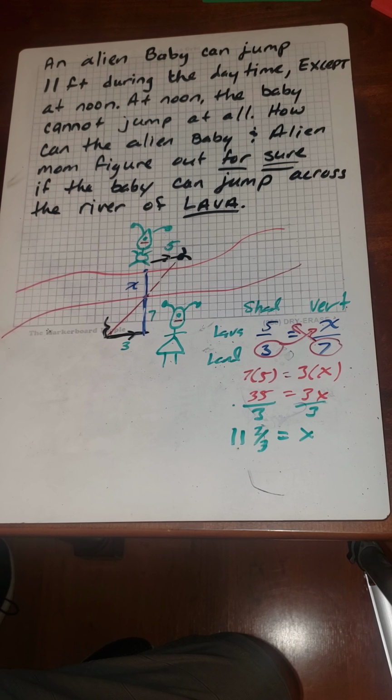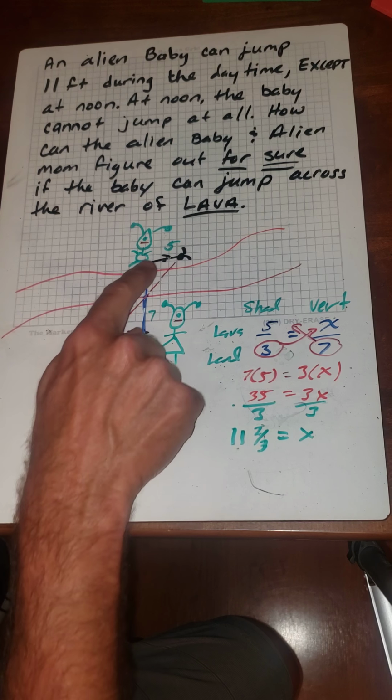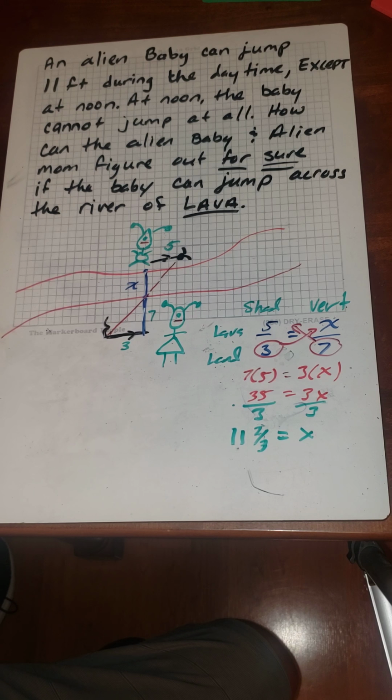All right? Okay, so here's a problem where we kind of used both things that we learned. The drawing or creating similar triangles across an area like the lava, and then we also used the shadow, and what the shadow allowed us to do was make sure that we had parallel lines because all shadows are parallel.